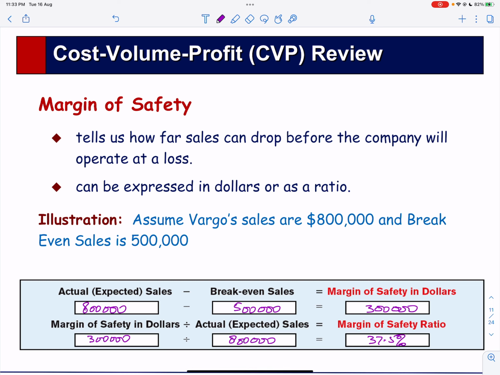So as can be seen, the sales could drop by 300,000 or 37.5% before the company would operate at a loss.